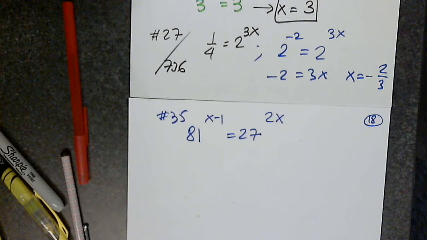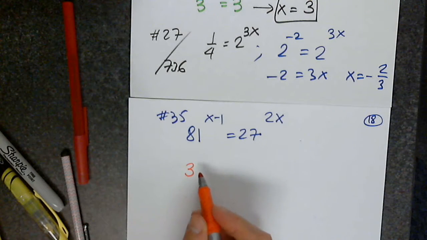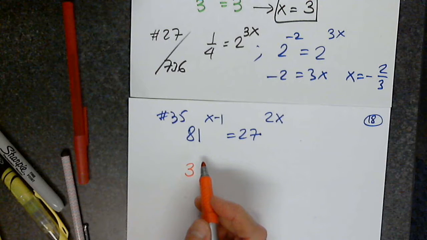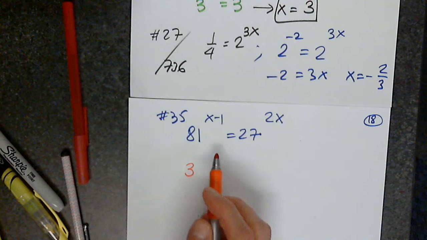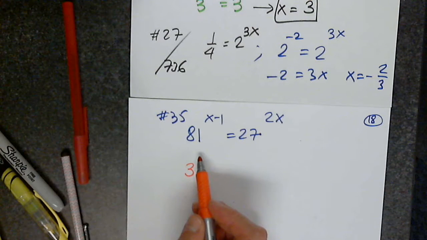Perfect. How will I replace, or what do I write for the left-hand side? 3 raised to the... It's 9 times 9. It's 81. So how many 3's are in there?